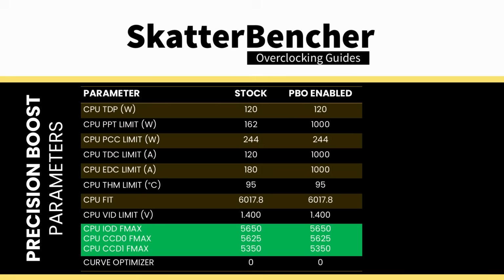Every chip inside your CPU has an Fmax, which includes the two CCDs as well as the IOD. The IOD typically governs the overall CPU Fmax. For the Ryzen 9 9900X, the IOD Fmax is 5650 MHz, whereas CCD0 is limited to 5625 MHz and CCD1 is limited to 5350 MHz.